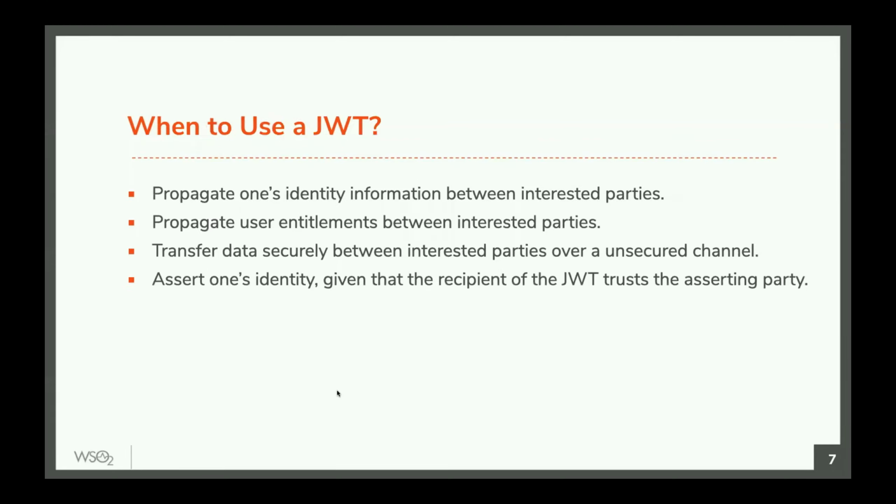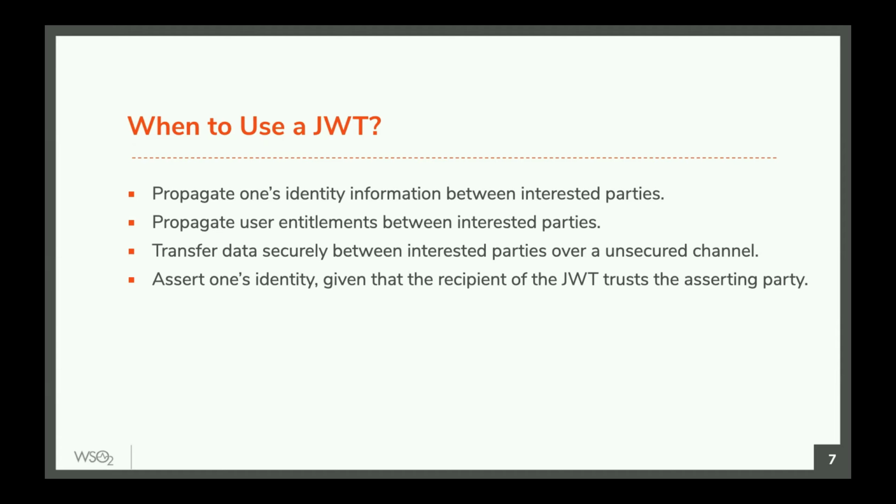Okay, so let's move on. Now, when to use a JWT? You can use JWT to propagate one's identity information between interested parties, right? Let's say you want to pass some user's information to a microservice. Then you create a JWT. Let's say you are the issuer of the JWT.